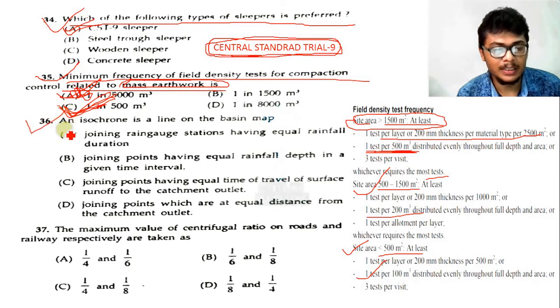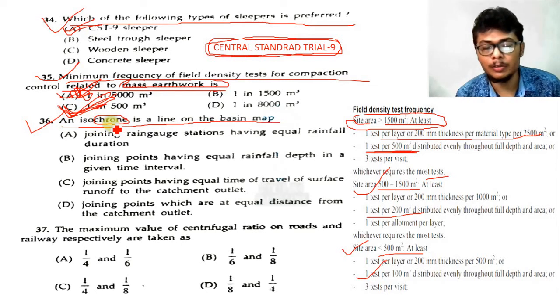Next, question number 36. An isochrone is a line on the basin map. Iso means equal or same, chrone means related to time. So let's see the options. Joining rain gauge stations having equal rainfall duration. No, wrong. Joining points having equal rainfall depth in a given time interval. Equal depth is called isohyet, therefore this is a wrong option.